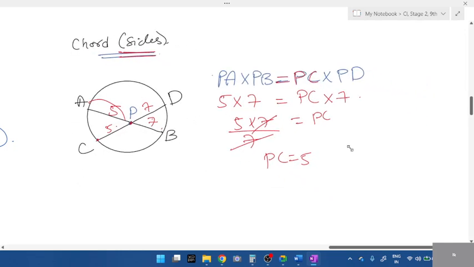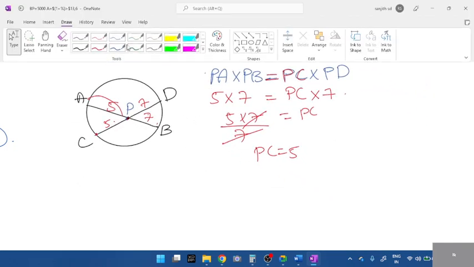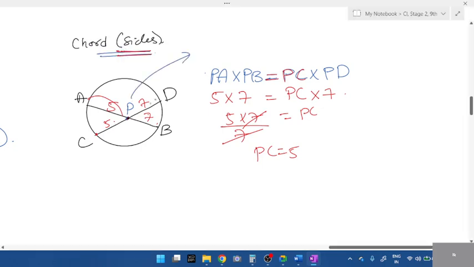It's not the center. I didn't tell you P is the center. P is just a connecting point. Isn't it touching these two? So P is what we call the intersecting point. It's not the center, Amy. That is for angles too.